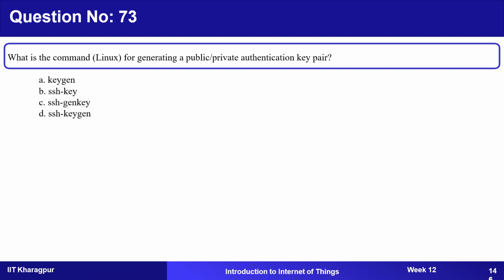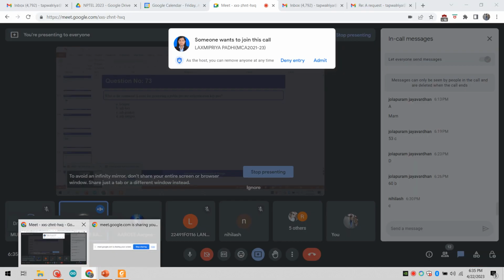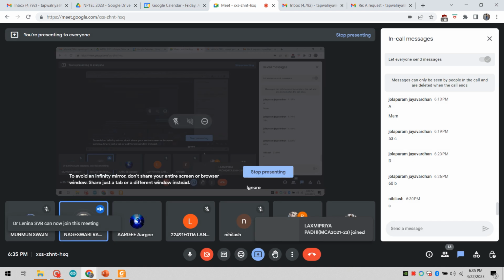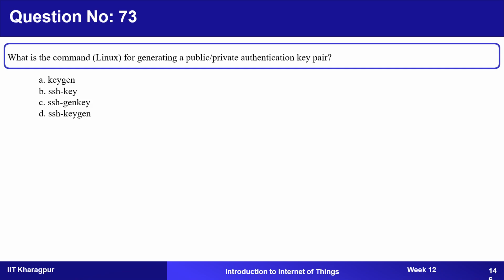Next question: what is the Linux command for generating a public or private authentication key pair? Options are keygen, SSH key, SSH gen key, SSH keygen. C, ma'am.